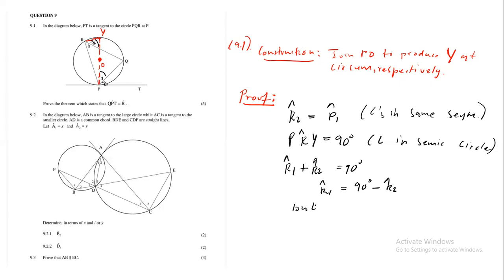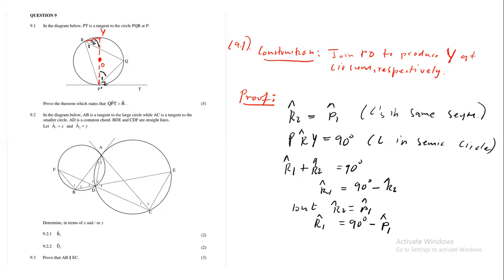But remember, we said that angle R2 up here is equal to angle P1. That means angle R1 is equal to 90 degrees minus angle P1. So I managed to determine my angle R1 in terms of P1.